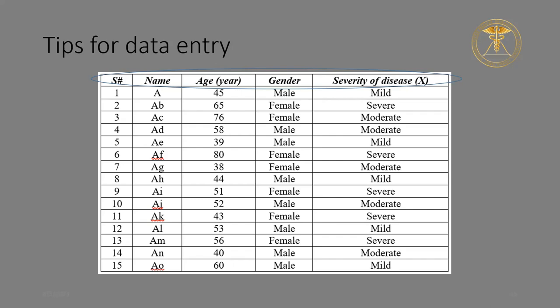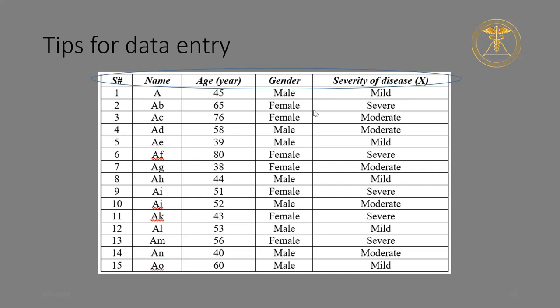Here when I enter in SPSS, I need to give it as coding form. So just remember, just think, if there is a natural order in measurement scale, it will be an ordinal. If there is no natural order, you just make it as nominal scale when we assign codes.